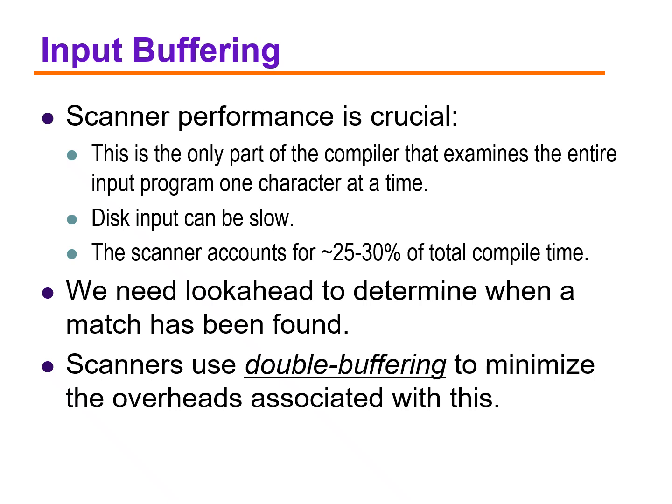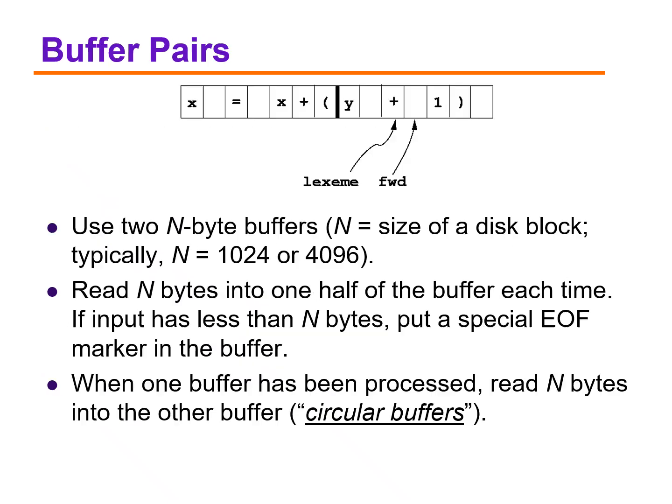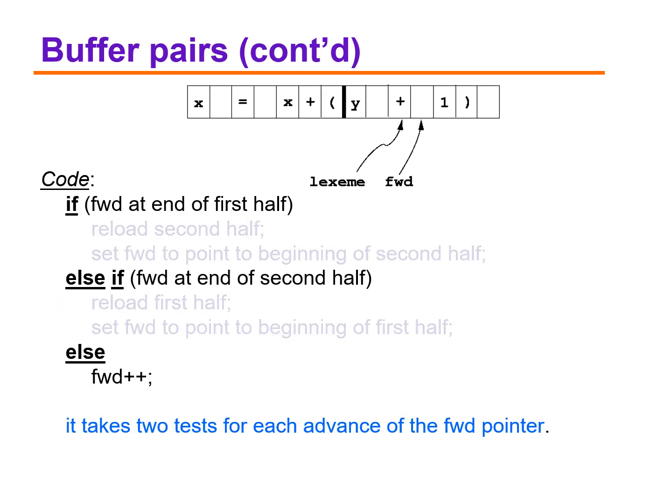And definitely for doing this, we need a look ahead symbol, to decide whether a match is found or not. So a lexical analyzer or a scanner uses an input buffer which is a buffer pair.